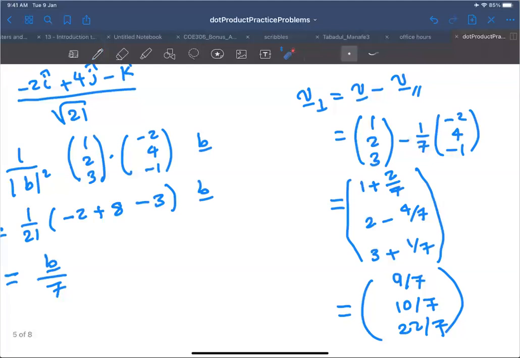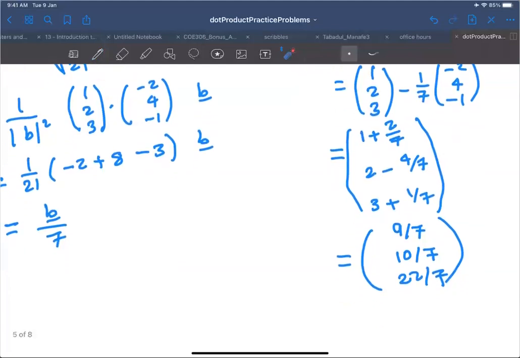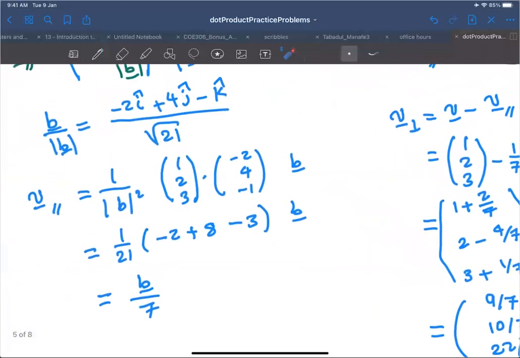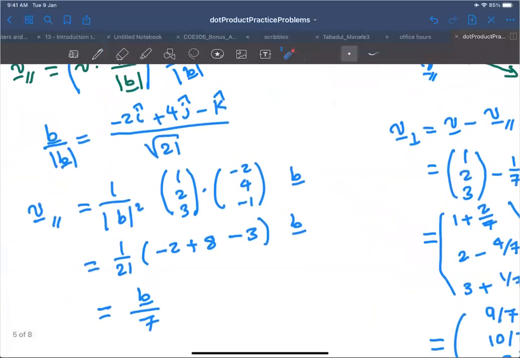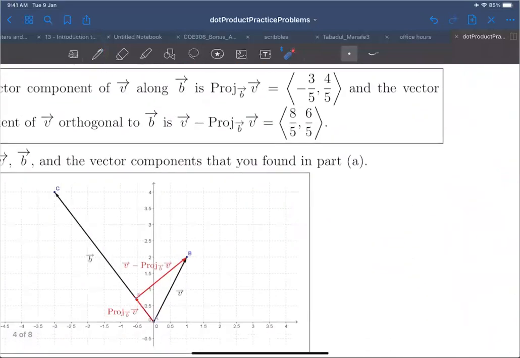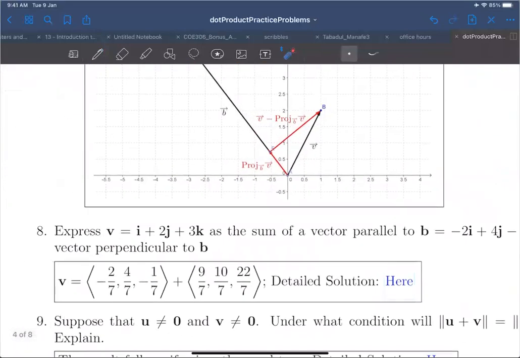So the answer is 9 over 7, 10 over 7, and 22 over 7. And for V parallel, we just need to divide B by 7, to get the same answer as provided here.